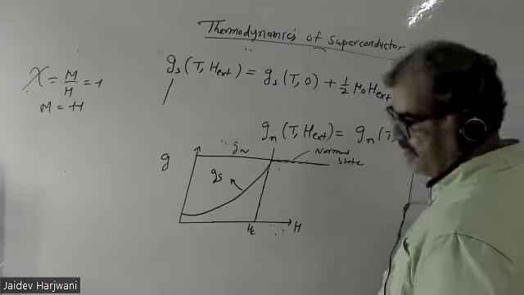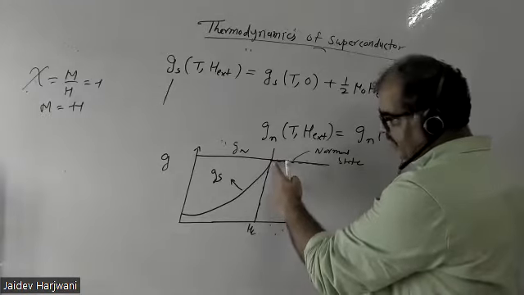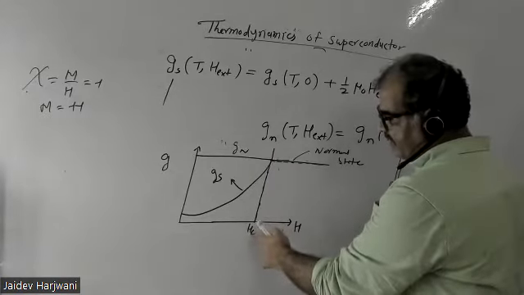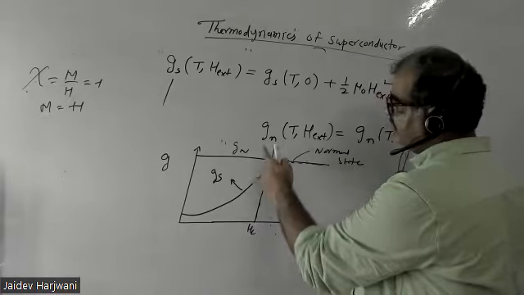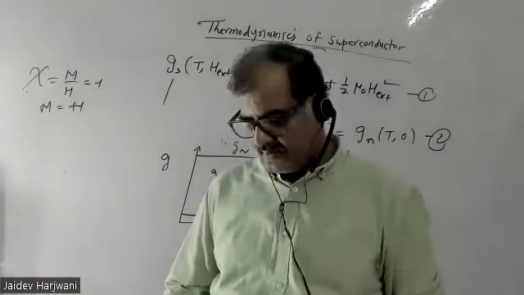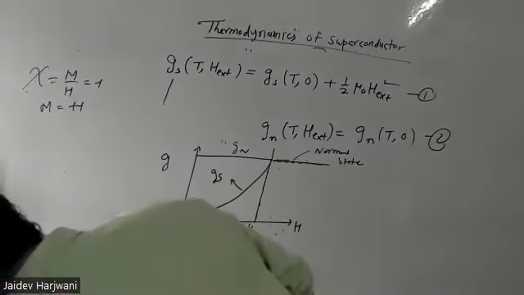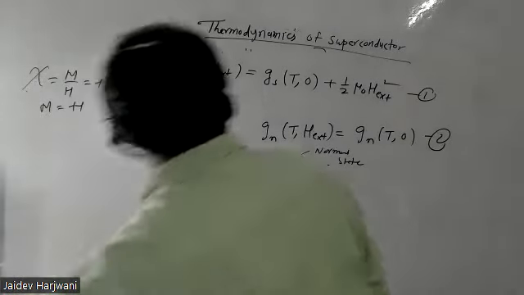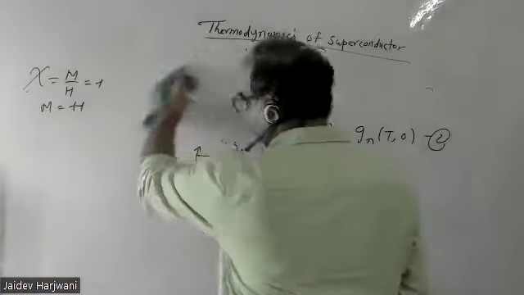But at some point they should meet, when I am applying the external magnetic field. This should equal the normal state value. That point we have to consider. So at some point both values should match.